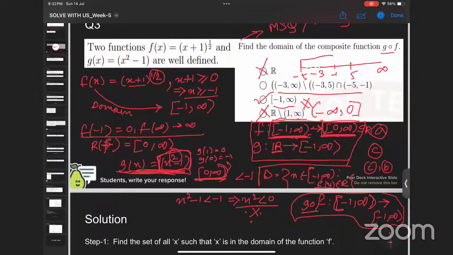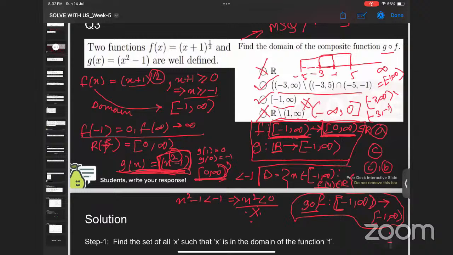If we take the intersection of these two, then it will be minus 3, minus 1, right? And from minus 3 to infinity, if we exclude minus 3 to minus 1, it will be equal to minus 1 to infinity, right? So this option will also be correct, right?